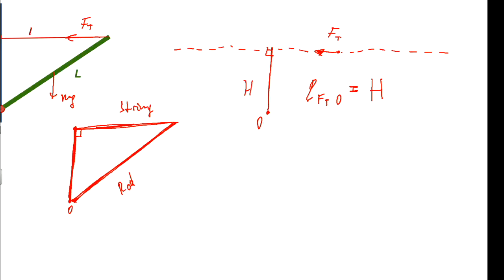On the rod. What do you think? Where does it begin? If I want to draw a vector, which point should I use at the beginning of the contact force? The hinge, which is the axis for us.